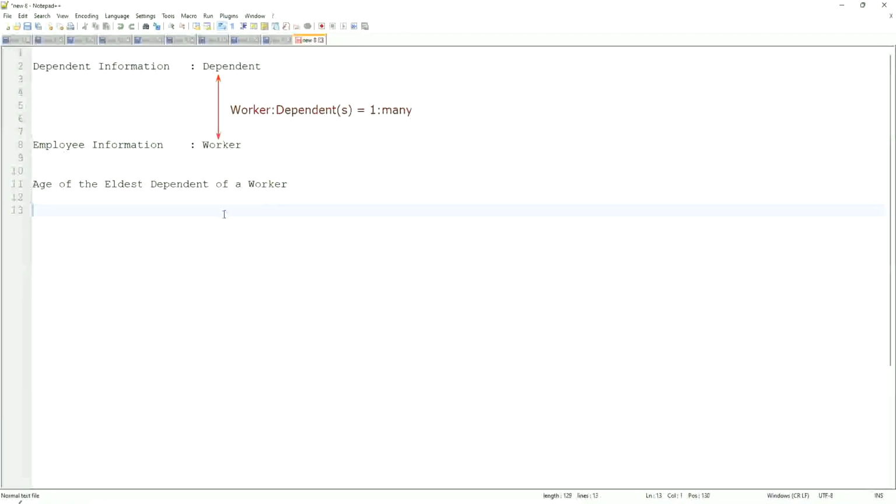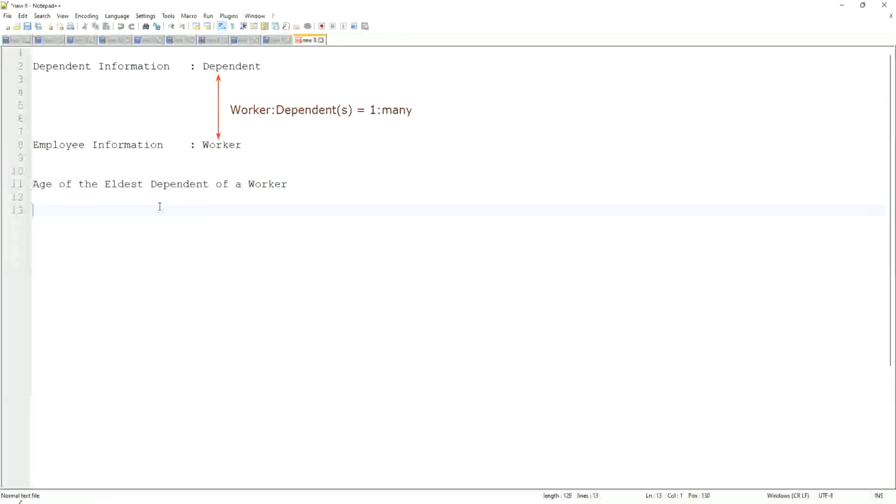Now, how would we do it using a calculated field? Let's break it down first. Age of the eldest dependent of a worker. There are two things to it. One is the eldest dependent of a worker, and then the age of the eldest dependent.